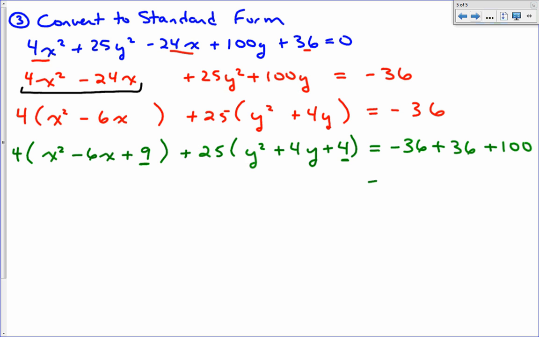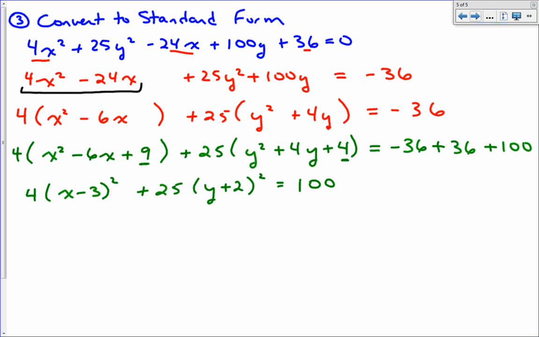So x squared minus 6x plus 9 is really x minus 3 squared. And y squared plus 4y plus 4 is really y plus 2 squared. And on the right side of the equal sign, I've got negative 36 plus 100. I've got 100. So now this is almost in standard form.